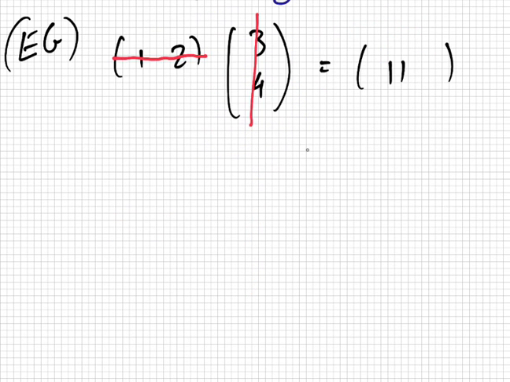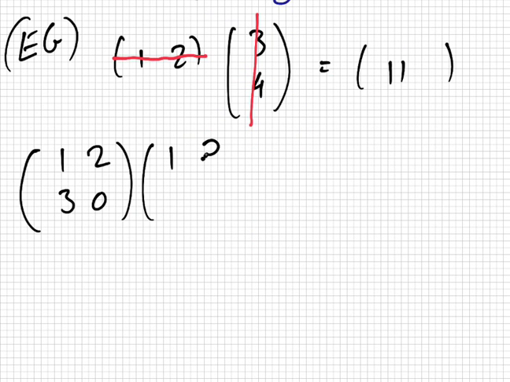Now, more normal would be something like this. Let's say these four, or this one. I haven't put a minus in yet. We'll do that some other time. Right. So this row multiply this column. So that'd be 1 plus 4. So that's 5 there.